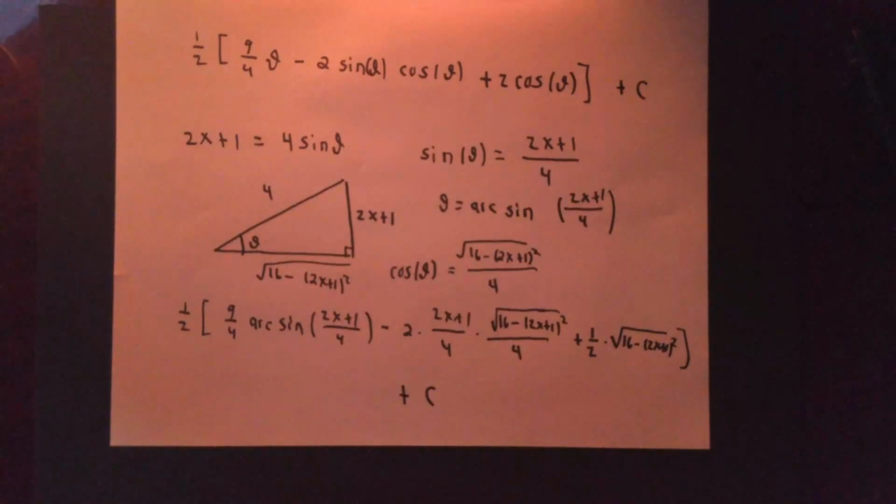Again, people will often expend some effort trying to combine terms like these in some clever way in an effort to make it look nicer. For our purposes, though, I'm just going to call this done.